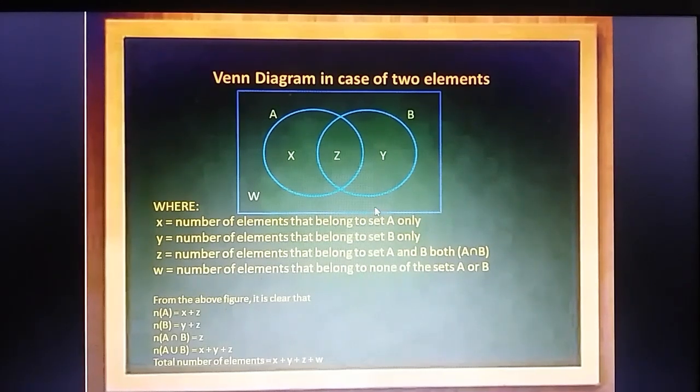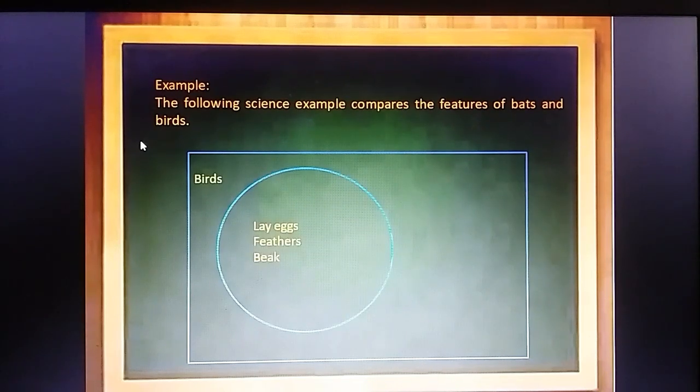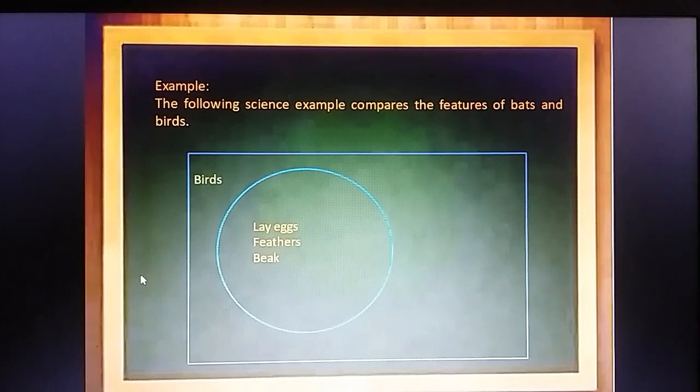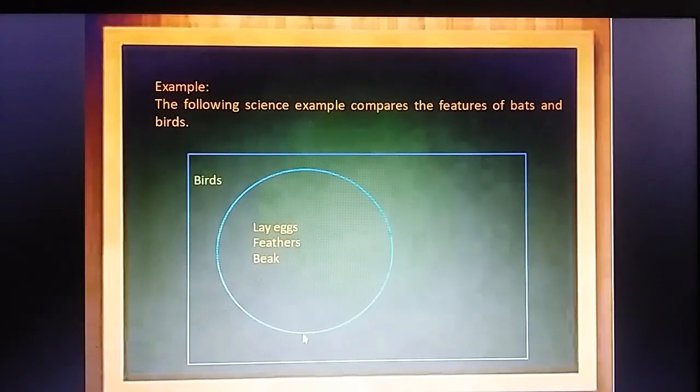Let's have an example. So the following sign example compares the features of bats and birds. So let's say we have here the birds. What are the characteristics of a bird? They lay eggs, they have feathers, they have beaks. What's the characteristic of a bat?